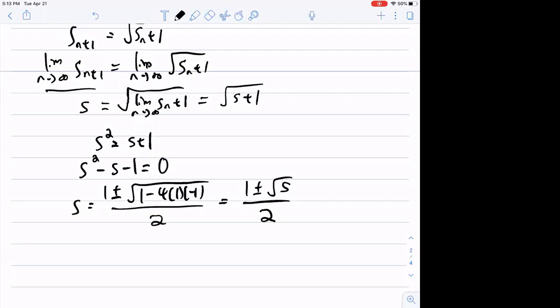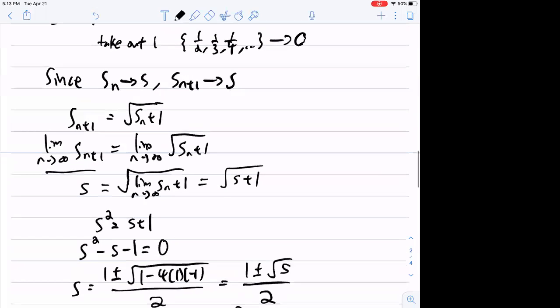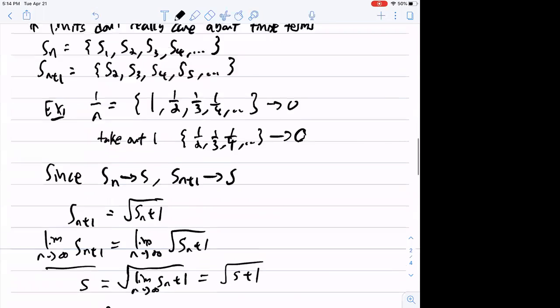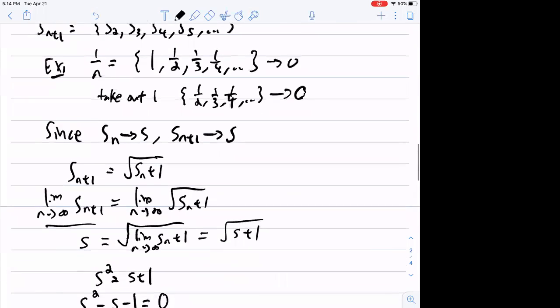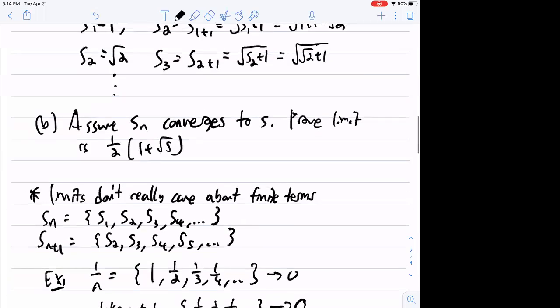So the answer is you take the positive one, but the question is why. Because of the sequence? What do you mean? It cannot be a negative number. Exactly, yeah. In this case, you can just say that. The fact was S1 was 1, right?